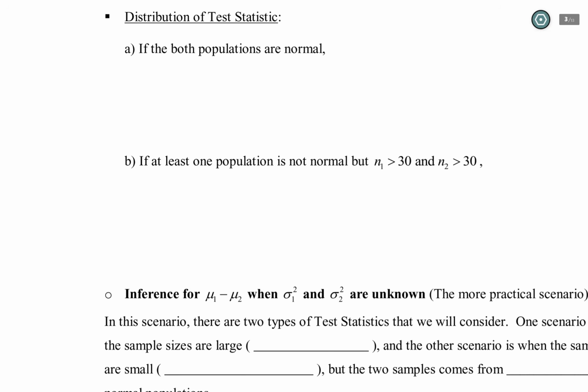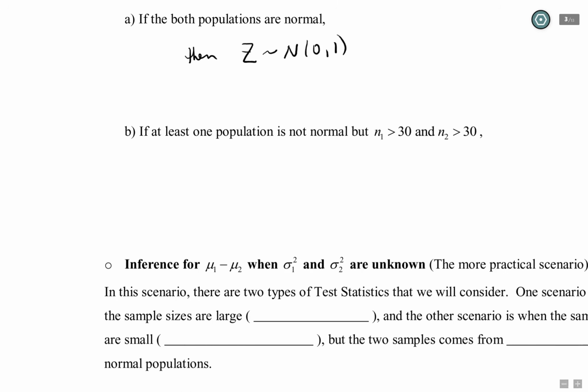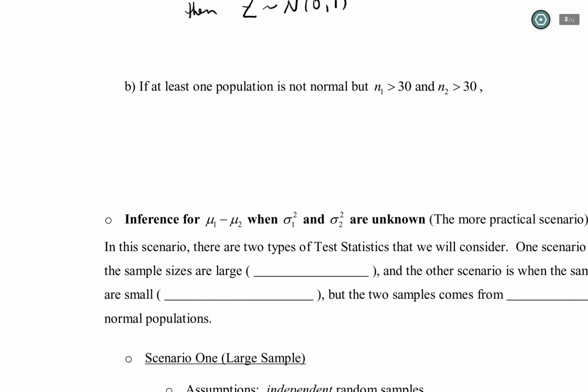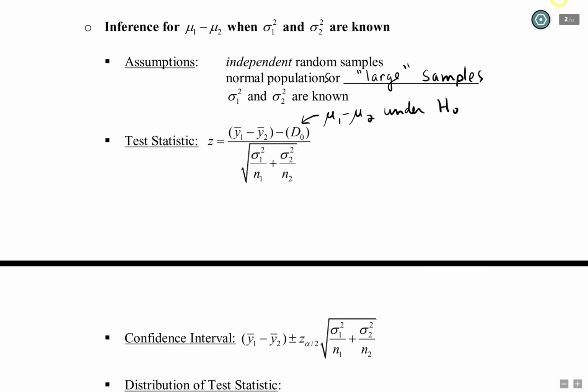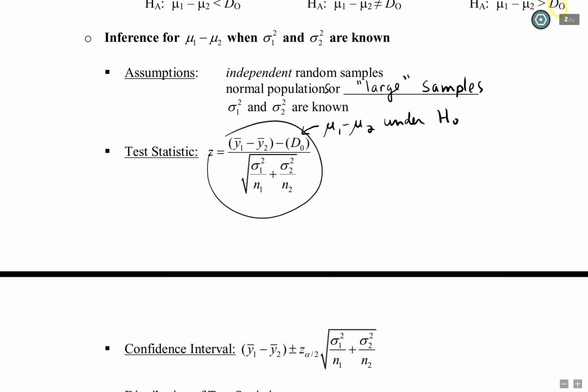If the two populations are normal, then Z is distributed standard normal, and if at least one population is not normal, but both n1 and n2 are large, then my Z statistic is approximately standard normal. And so what I have here is a null distribution for this particular test statistic.